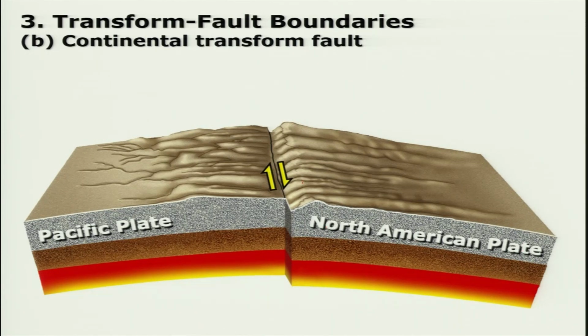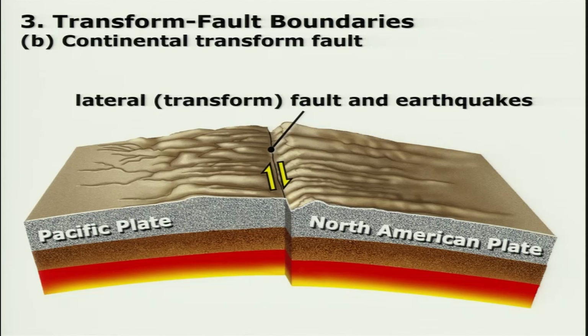So, this plate is moving in this direction shown by this arrow, and this portion of the plate on the left hand side of the plate boundary is moving away from us. So lateral transform faults as well as earthquakes.